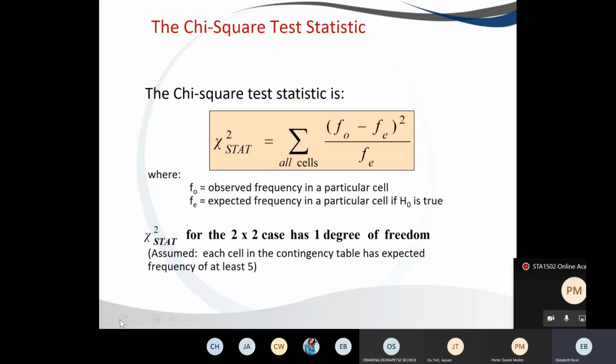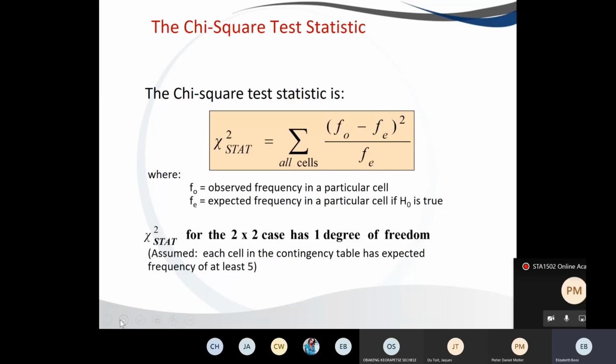Yes, with the chi-square test as well, you will have to know all the 6 steps of hypothesis testing before you carry on doing the analysis and making your conclusion. You will need to first state your null hypothesis and your alternative hypothesis. You will need to find the critical value. You will need to calculate the test statistic, and then you will take the critical value and the test statistic and make a decision, and you also need to make a conclusion. So you need to know those steps.